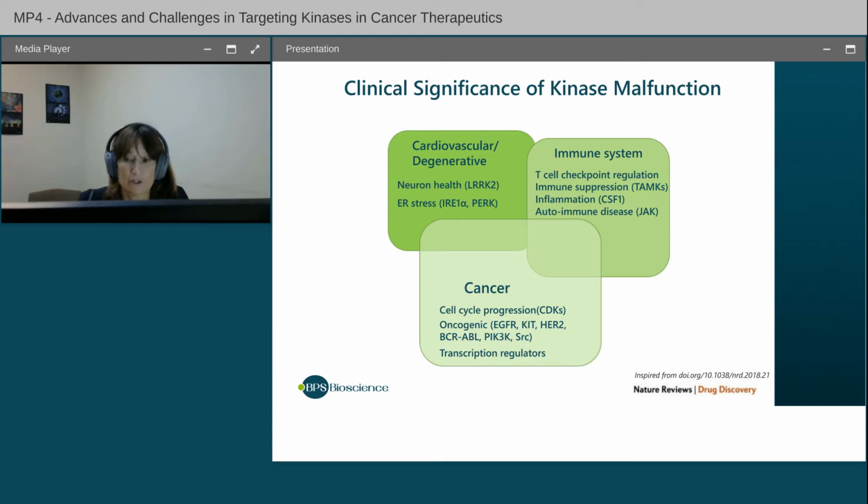They are very much involved in cancer. So all the CDKs contribute to cell cycle progression. There are a lot of oncogenic kinases for which the mutation, amplification, or aberrant activation will directly promote tumor formation. So I indicated here a few of these oncogenic kinases, like the EGF receptor, KIT, HER2, and so forth.